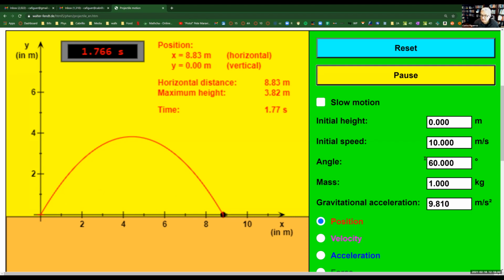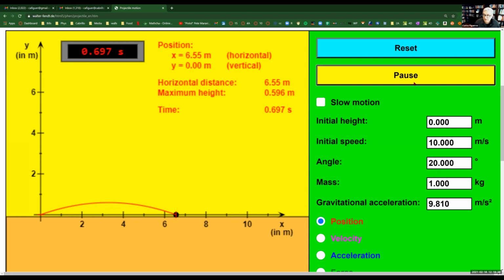And I can do the exact same thing with, let's say, 20. I thought I typed in 20. Maybe I have to reset this. So if I come over here, I'm going to put 20 in here. Not 210, but 20. And if I reset this and then I shoot this, you could see here is that 6.65 horizontal distance.